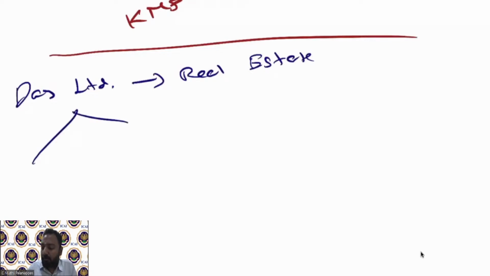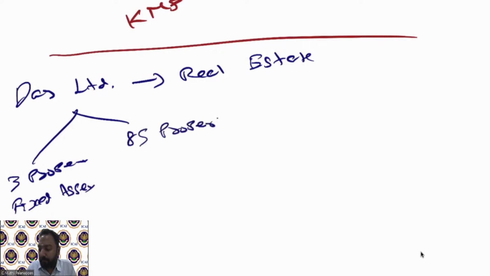Some of the assets that they own, for example, let's say three properties, are fixed assets, which means they are using them for their own purpose. There are, let's say, 85 properties which are kept as stock, which means they're ready to sell these. It is a stock to them, an inventory to them. So these 85 properties are stock.